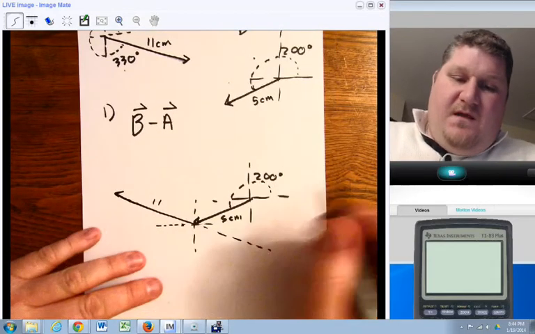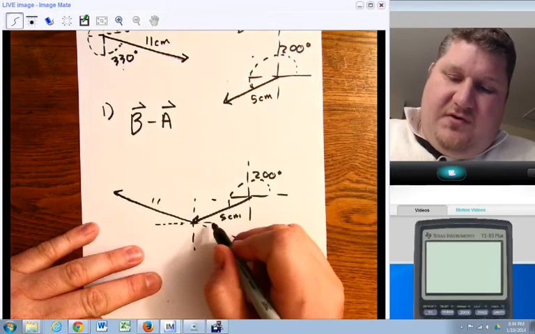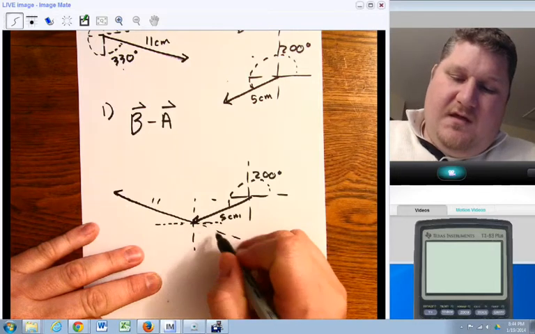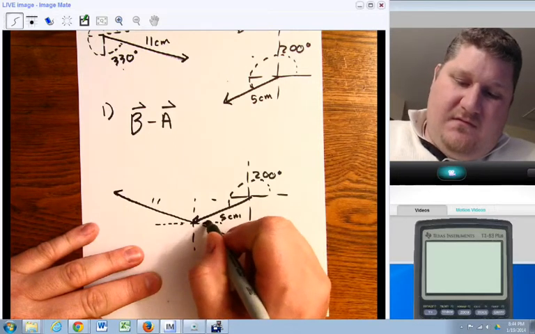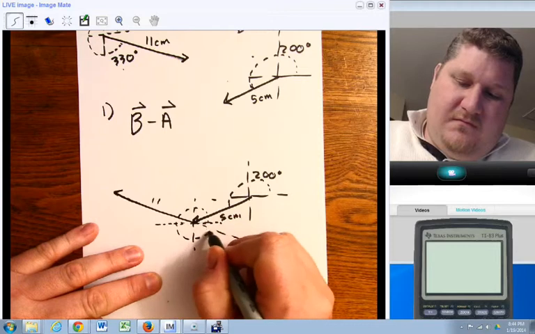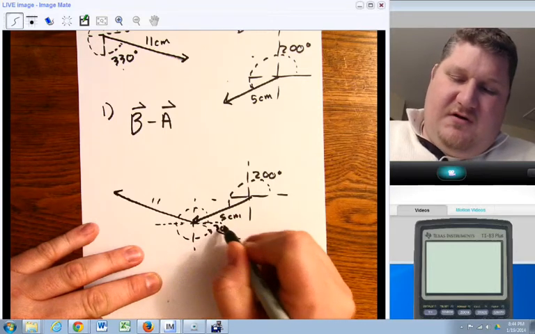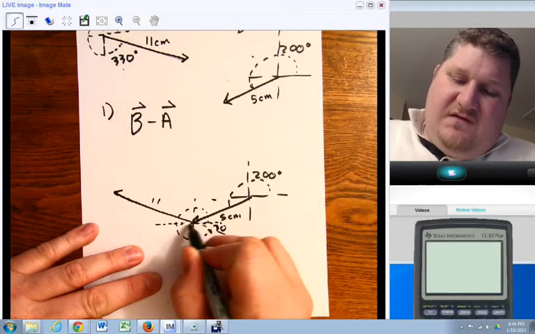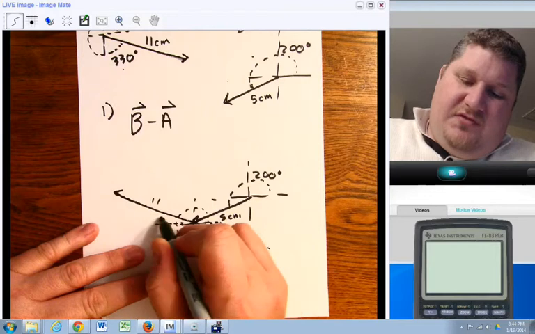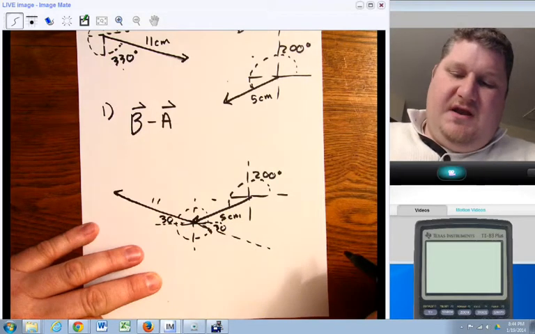Now, what would have been 330, leaving 30 degrees here means that because of vertical angles, the 30 degrees is now up in here.